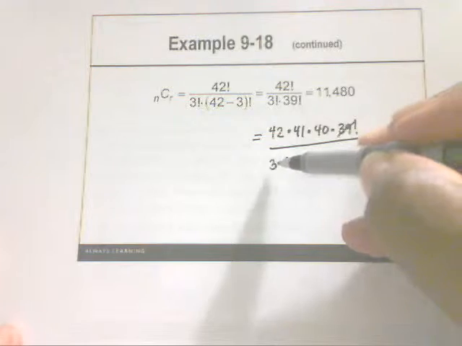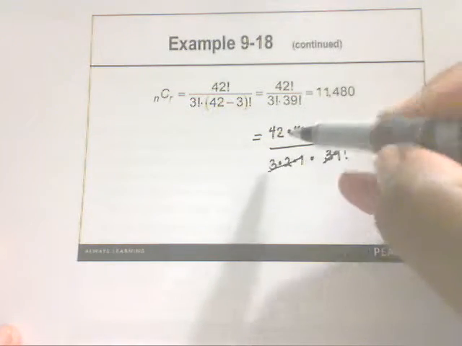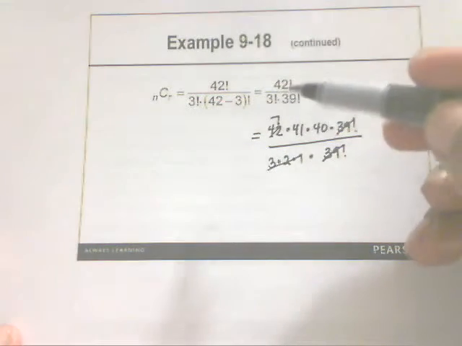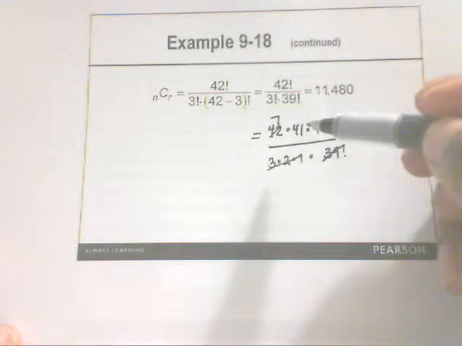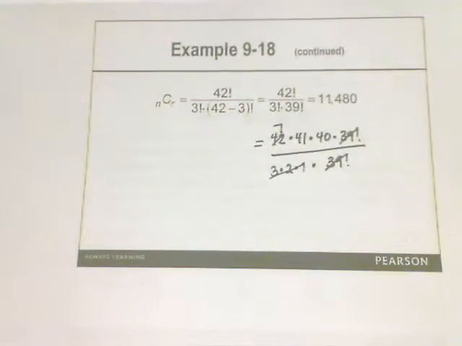Now, if I multiply 3 times 2 times 1, that's 6. I know the 6 can go into 42 7 times. So all I have to do here is multiply 7 times 41 times 40 to get 11,480. So in this case, there are 11,480 possible choices.